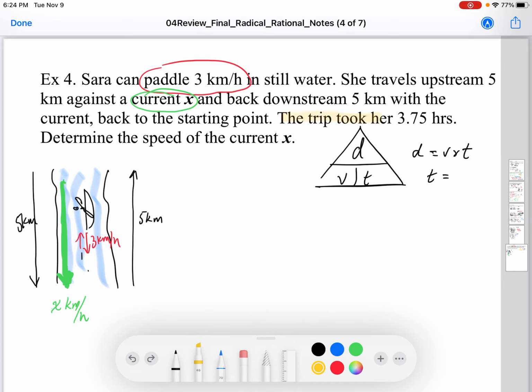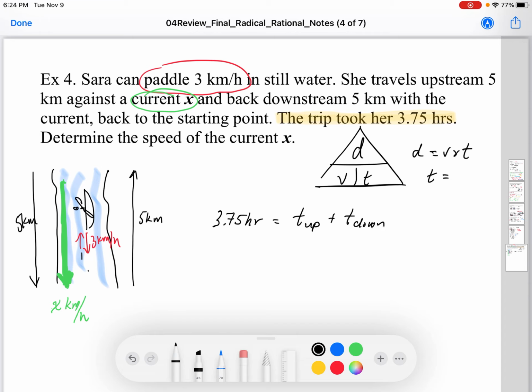Because it says here the trip took her 3.75 hours, my equation is going to look like this. The 3.75 hours is going to be equal to the time upstream plus time downstream.